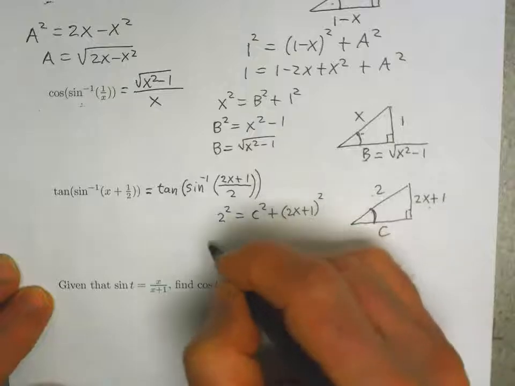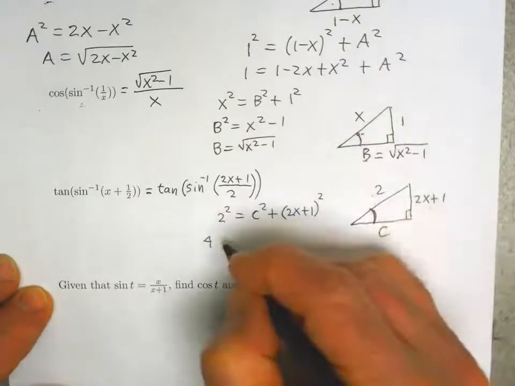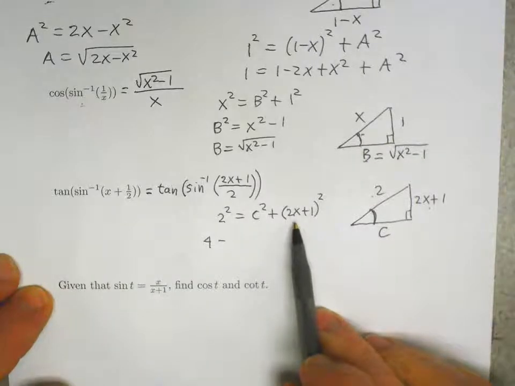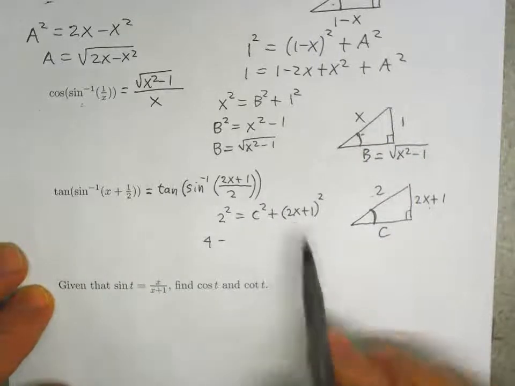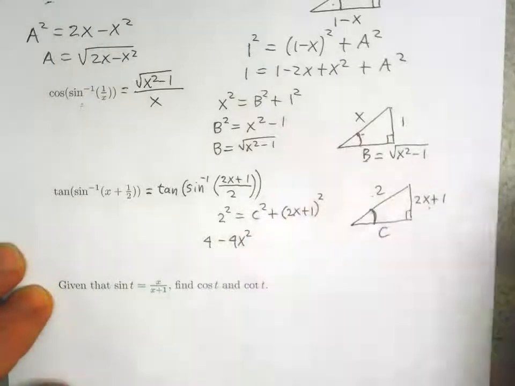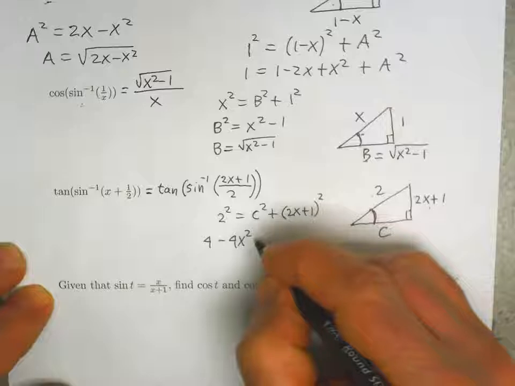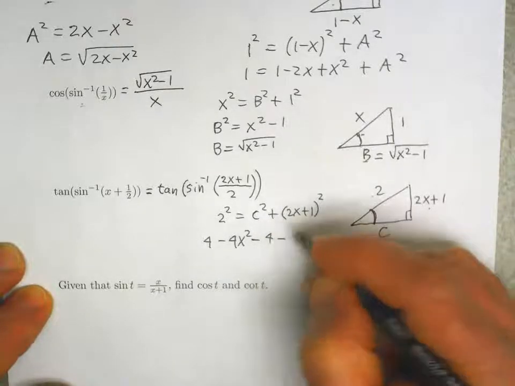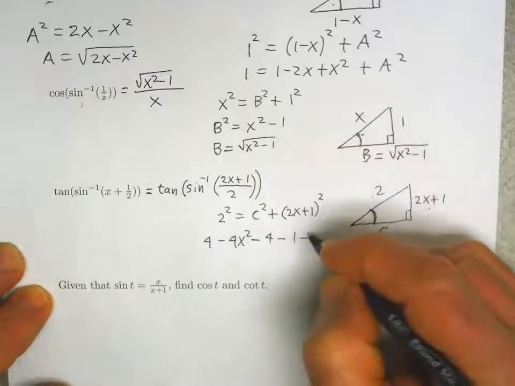So 2 squared is 4, and we're going to subtract what we get when we square the binomial 2x plus 1. So we're going to subtract 4x squared, and we're also going to subtract 4, and we're also going to subtract 1. So that's equal to c squared.